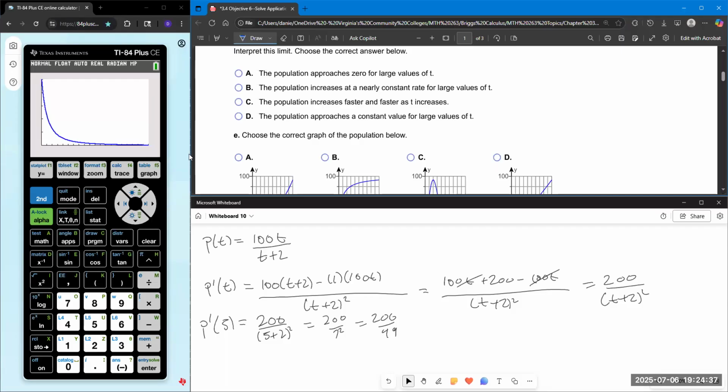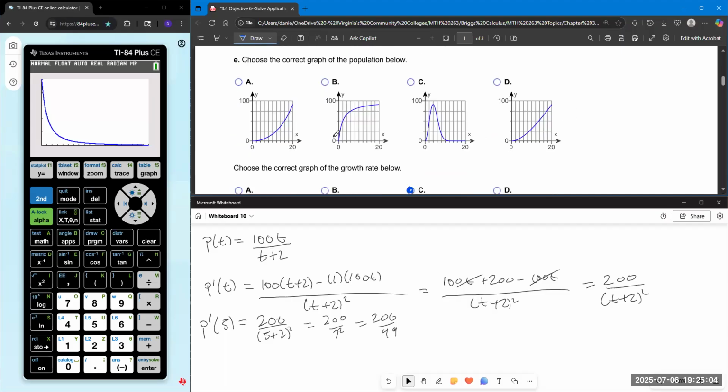So the population increases at a nearly constant rate for large values of t. Well, we don't know. I know from the graph that it's increasing at a nearly constant rate, but all we know by the limit approaching 0 is that it gets close to a constant value for large values of t. But that is a graph that looks like this.